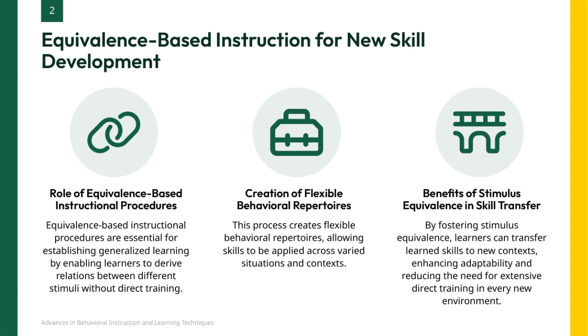In other words, the skills developed are adaptable and can be utilized effectively across a wide range of situations and contexts. One of the biggest advantages of fostering stimulus equivalence is that it enables skill transfer. Learners become more adaptable, able to use their knowledge in new environments without requiring extensive direct training every time. This not only makes learning more efficient, but also supports long-term skill development.